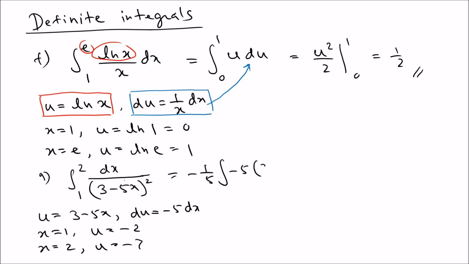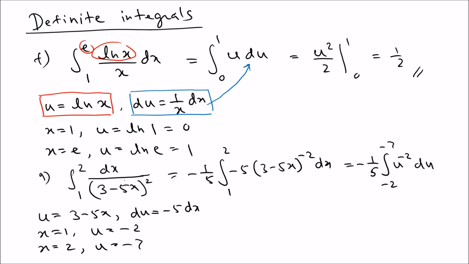We can bring this to the top, so (3 minus 5x) to the negative 2 dx, still with the old limits because it's all in x. Now let's change it. So it's negative 1/5, the new limits are negative 2 to negative 7. 3 minus 5x is u, so u to the negative 2, and negative 5 dx is du.